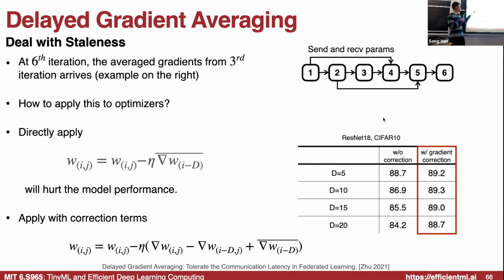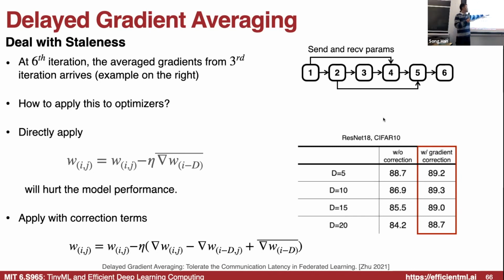Directly applying such a stale gradient will hurt the accuracy. The more we delay, without gradient correction, it loses up to about 4% of accuracy, which shows that directly using the delayed gradient does not work.